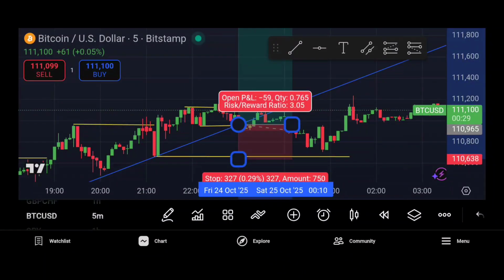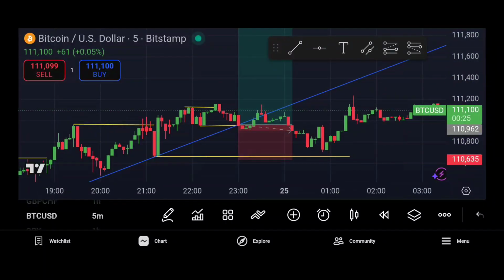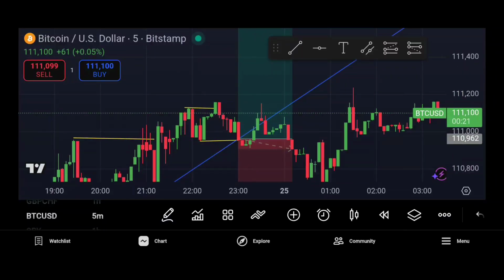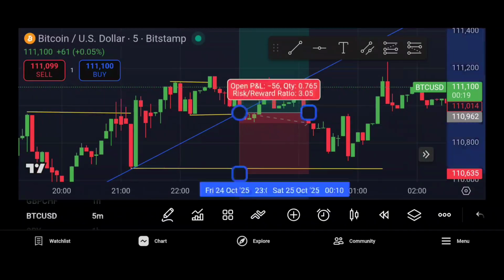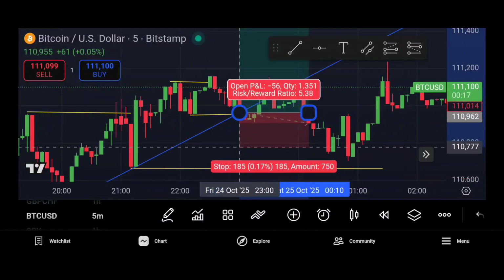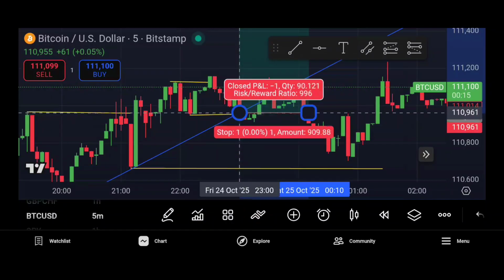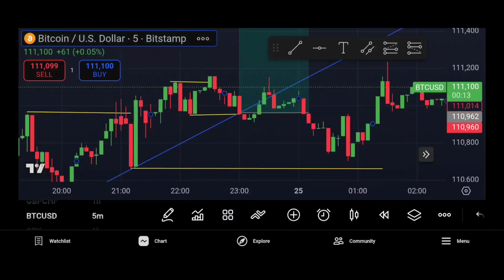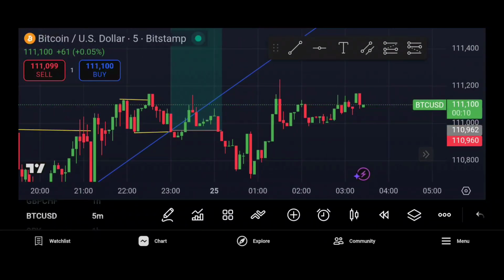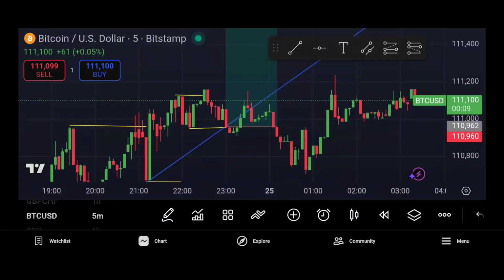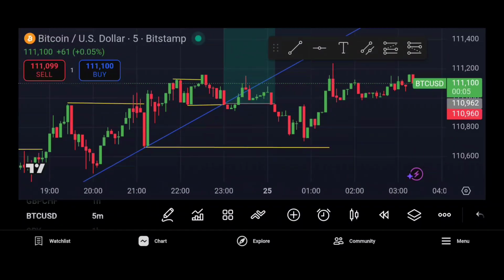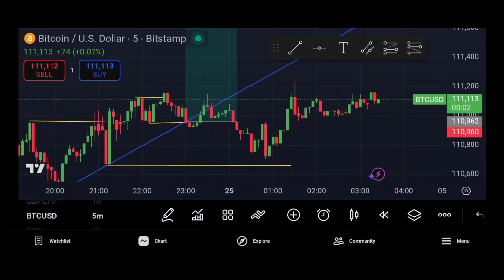I was targeting a risk to reward of 1 to 4, but I was very sure that if the market was to reverse on me, it would at least be able to reach that resistance above there, and it was able to reach the resistance. I took my TP1 and I set my break even.